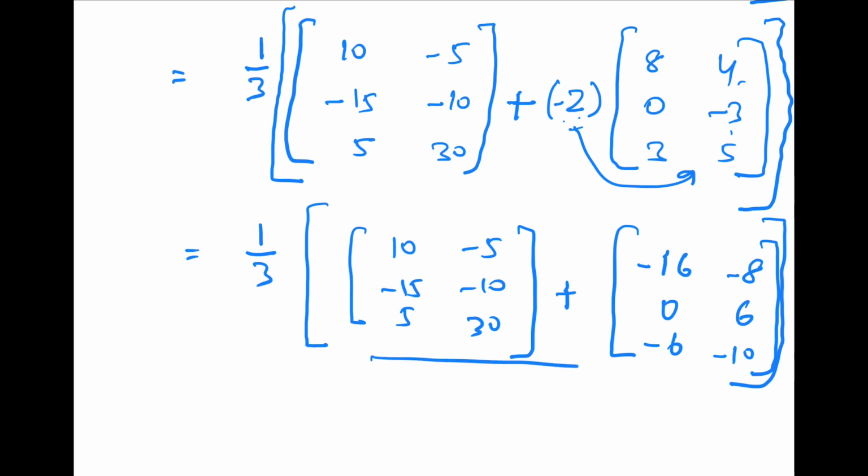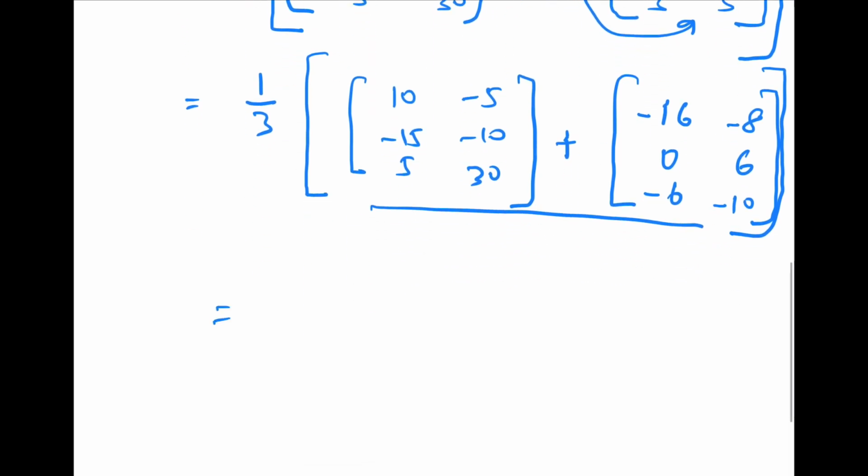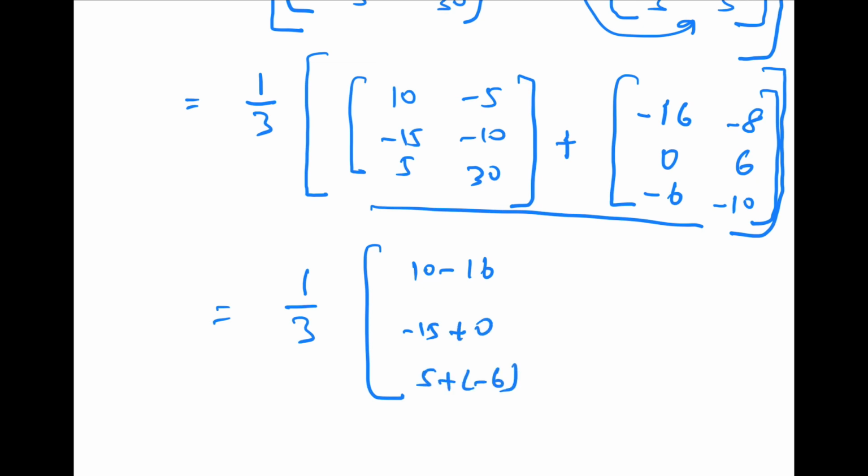Then we first calculate the bracket. We get 1 by 3, 10 minus 16, minus 15 plus 0, 5 plus minus 6, minus 5 minus 8, minus 10 plus 6, 30 minus 10.